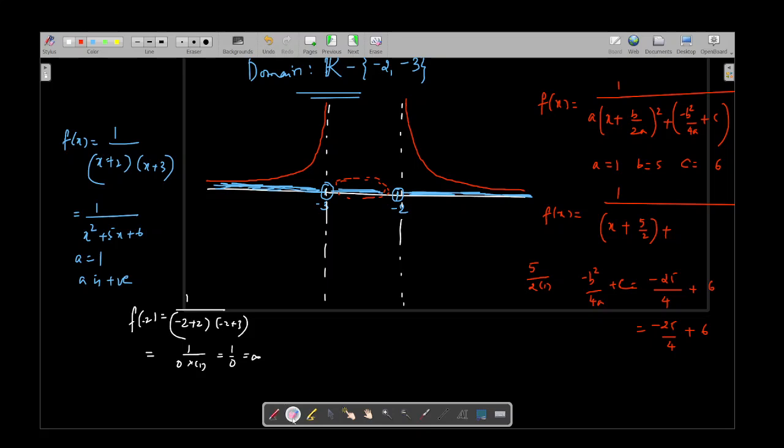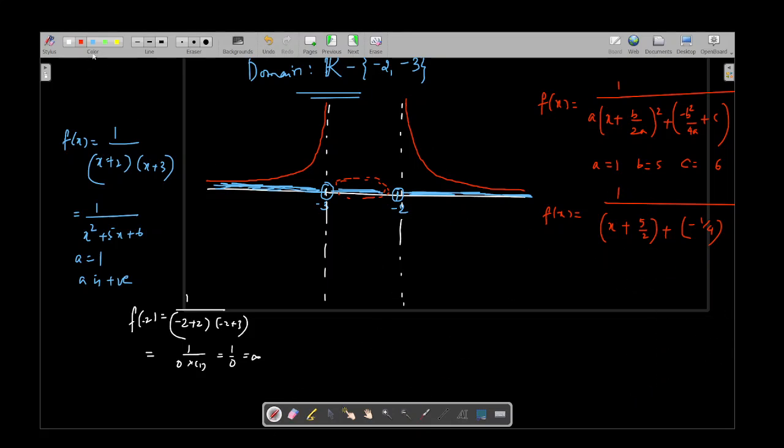I can simplify this: minus 25 by 4 is minus 6.25 plus 6, which is minus 0.25, or minus 1 over 4. This is the final form to which we have to bring it after applying the completing square method.